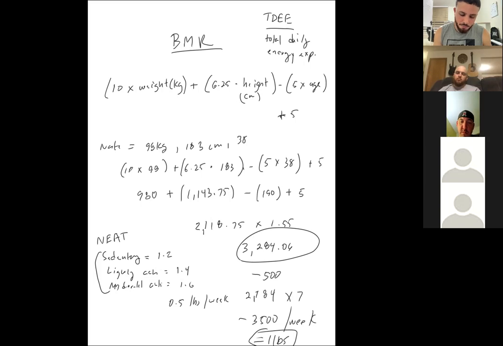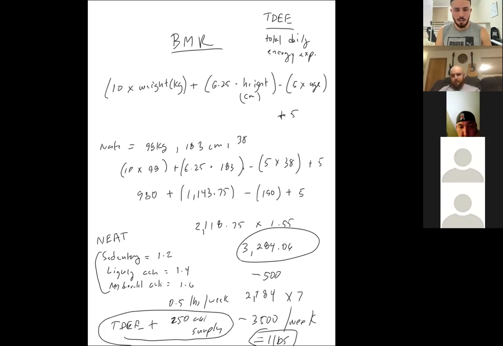So 0.5 pounds per week is a 250 caloric surplus. You take your TDEE plus 250, and that's the amount of calories you eat for a lean bulk. If you want 1 pound per week, predictably 4 pounds a month, you ramp that number up to 500.